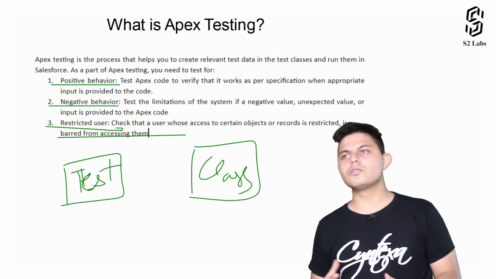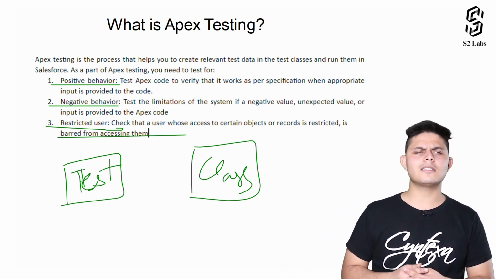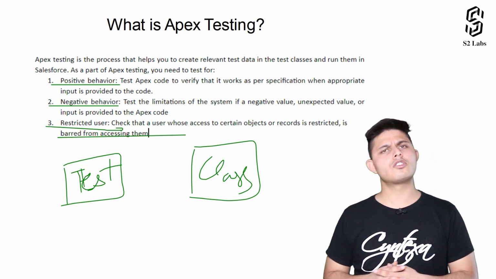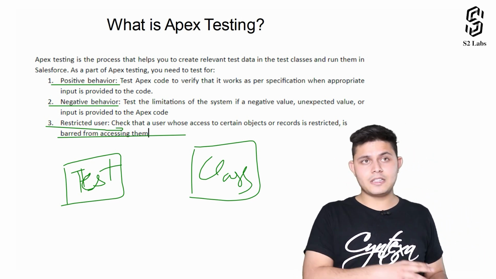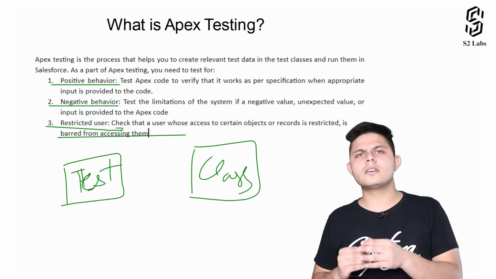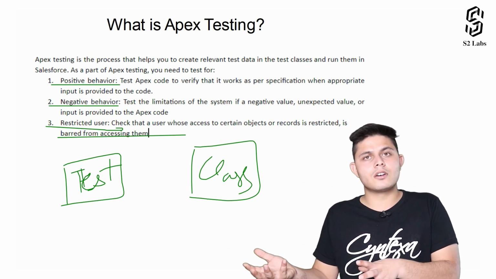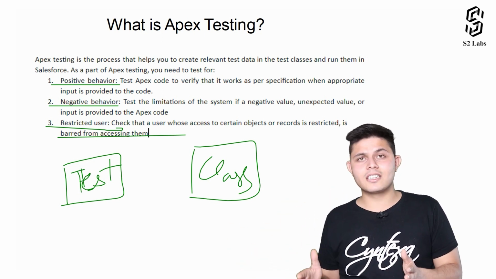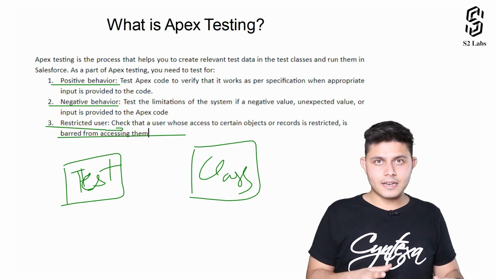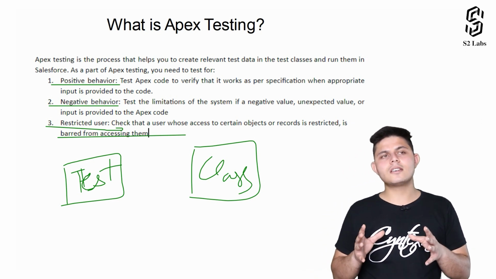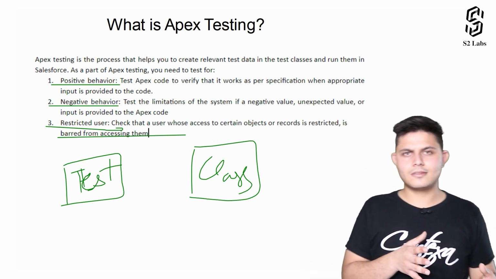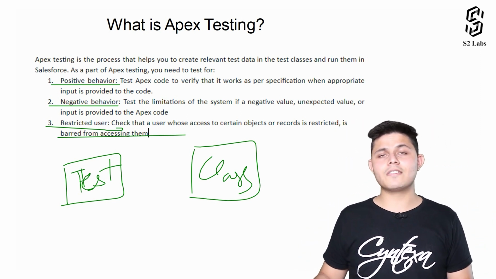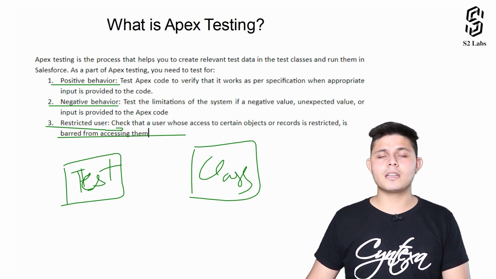Let's say there is a user who cannot create any record for the account object, but with the help of your code, it is able to create account records. So it's bypassing the security and sharing settings which are applied at the profile level or at the permission sets level.